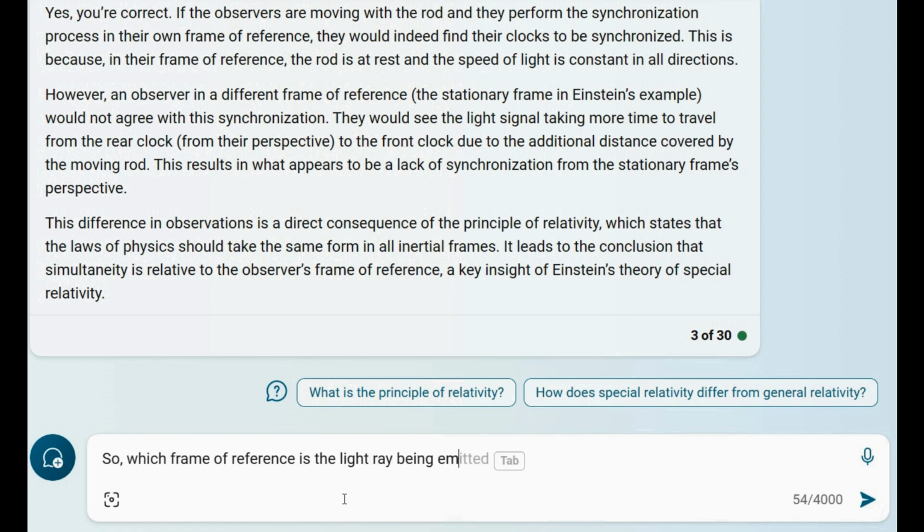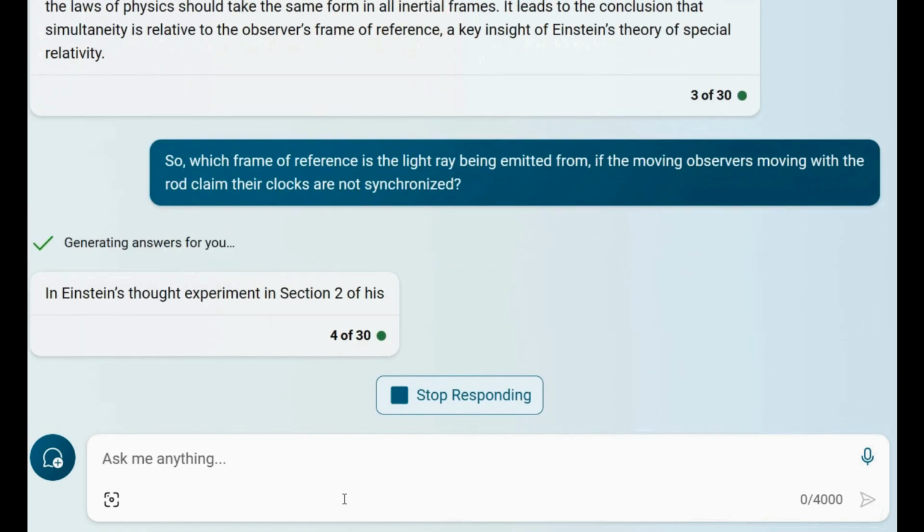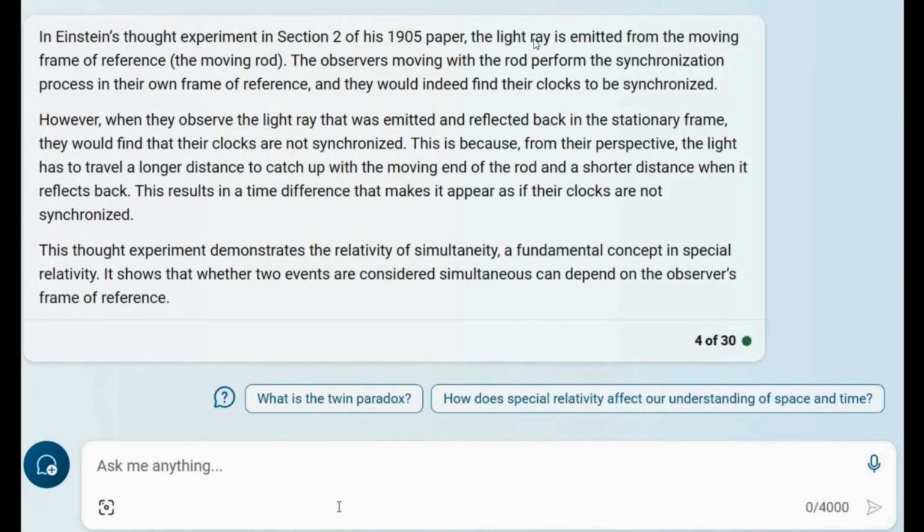So let's ask the AI again which frame of reference the light ray is being emitted from. The AI is still incorrect about this, but look what it says here.